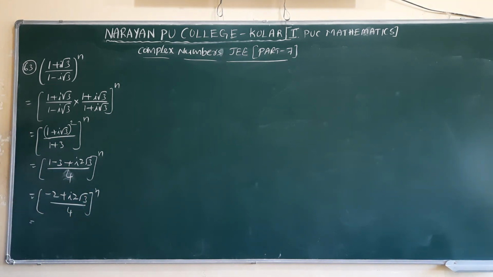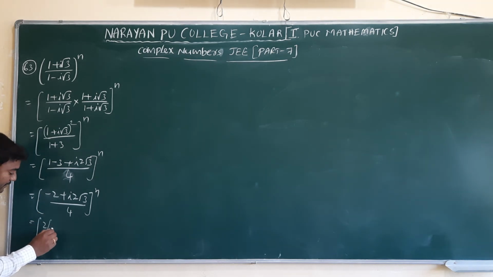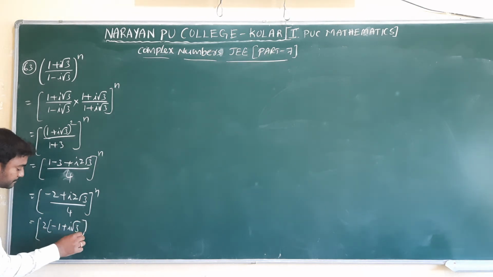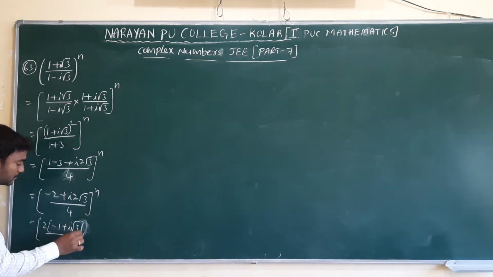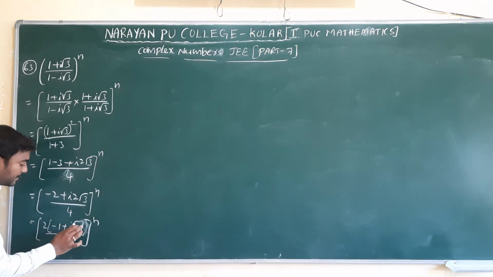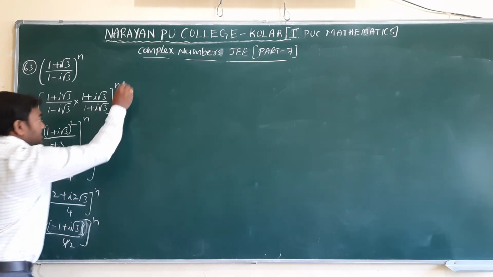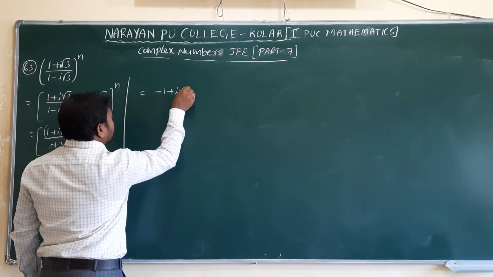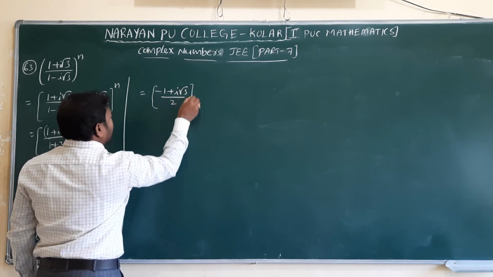Here we take 2 common in the numerator, so remaining (−1 + i√3) divided by 4, whole power n. Now 2 ones are 2, 2 twos are 4, so it is written as (−1 + i√3) by 2 whole power n.